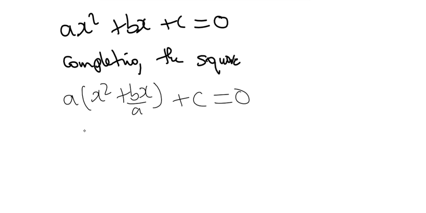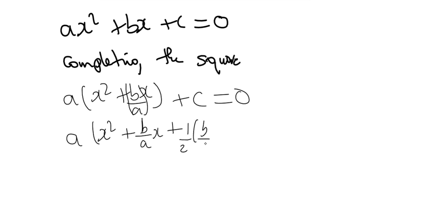Now we're going to do the completing the square method, where we take half of this term b over a and then square it and then add it to both sides of this equation. So this goes like this: x squared plus b over a x plus one half of b over a, squared, plus c.